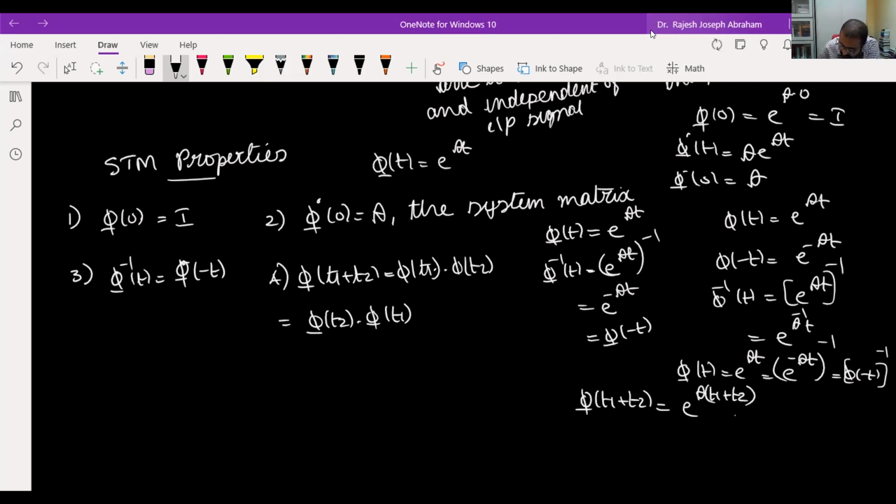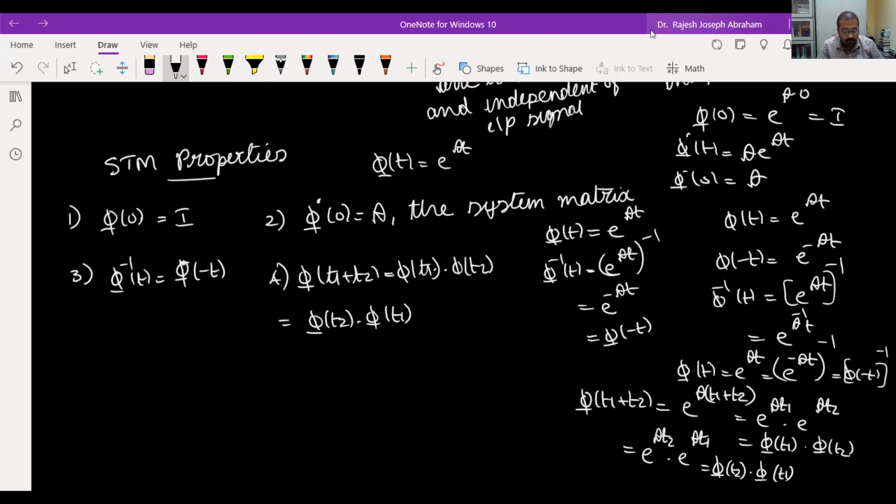So this can be written as e raised to At1 into e raised to At2, or as e raised to At2 into e raised to At1. What is e raised to At1? Phi of t1. What is e raised to At2? Phi of t2. So it is phi of t2 into phi of t1. Okay, so in this way you can prove some of the properties of the state transition matrix.